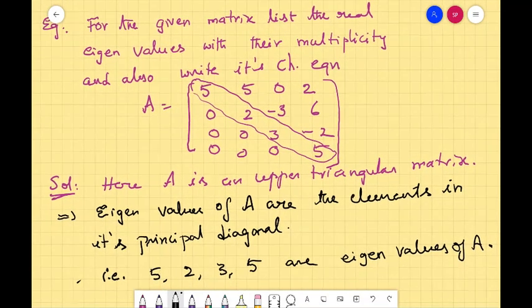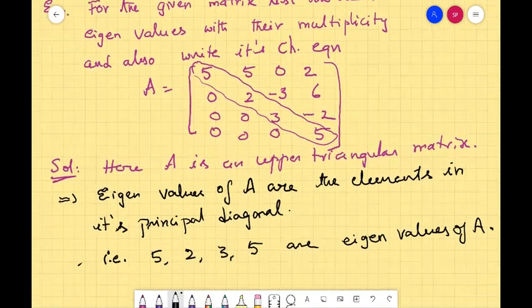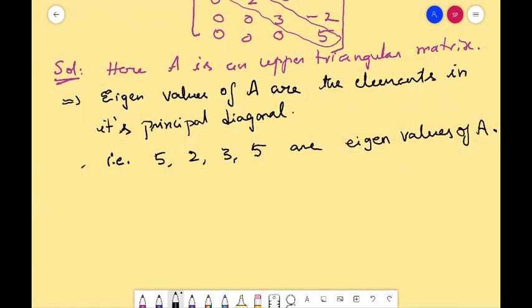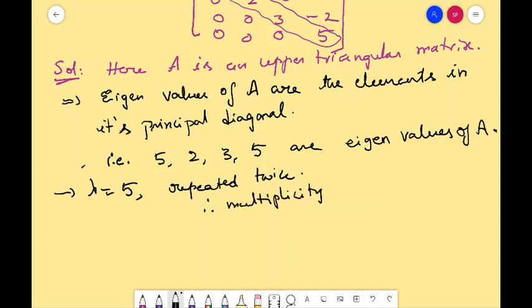Find the eigenvalues with their multiplicity. Now what do we mean by multiplicity of an eigenvalue? How many times it is repeated? So here let us take first lambda equal to 5, repeated twice, therefore multiplicity is equal to 2.